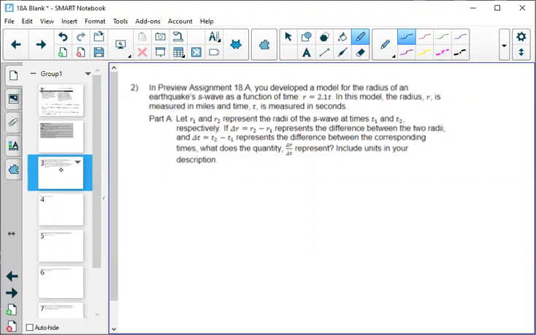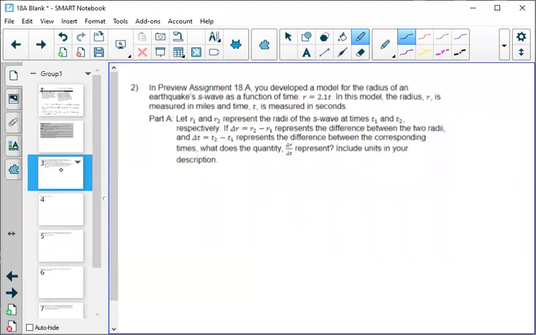If delta R is equal to R2 minus R1, represents the difference between the two radii, and delta T equals T2 minus T1 represents the difference between the corresponding times, what does the quantity delta R over delta T represent? Include units in your description.